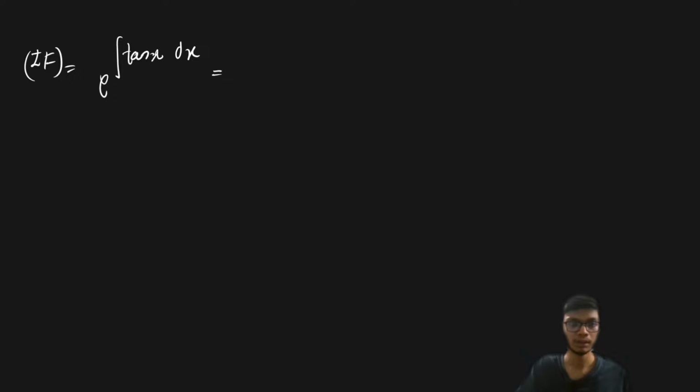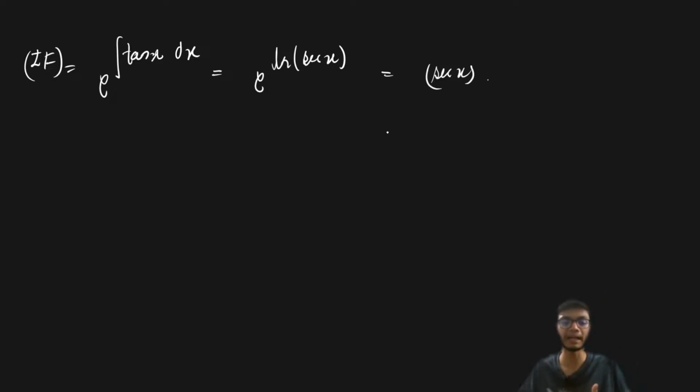The integration of tan x is very simple: it is natural log of sec x. So it is e to the power natural log of sec x, which equals sec x. So that is our integrating factor.